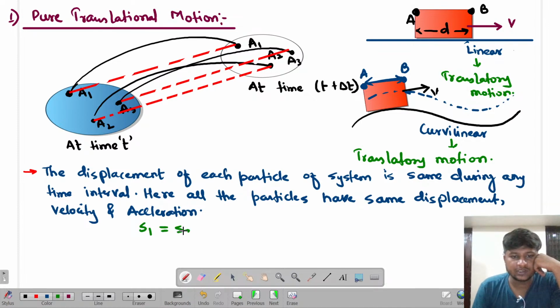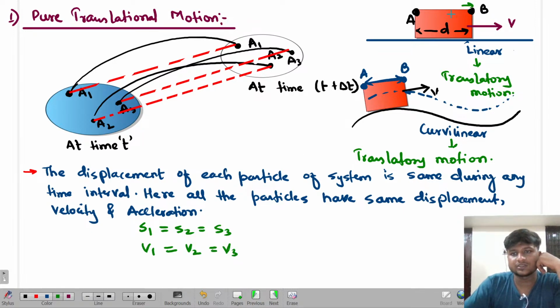S1 was equal to S2 is equal to S3. Velocity of 1 is exactly equal to velocity of 2 is equal to velocity of 3. Means if this is going with velocity v, this one will also go with velocity v. Are you able to get me or not? Yes. Acceleration of 1 is equal to acceleration of 2 is equal to acceleration of 3.